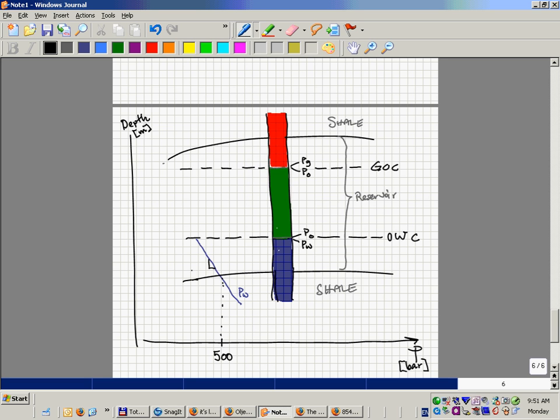G, the acceleration due to gravity, which is 9.8, about 10. So for 10 meters, it's the density of water, 1,000, times G, times 10 meters. That's the extra pressure from 1 bar down 10 meters.